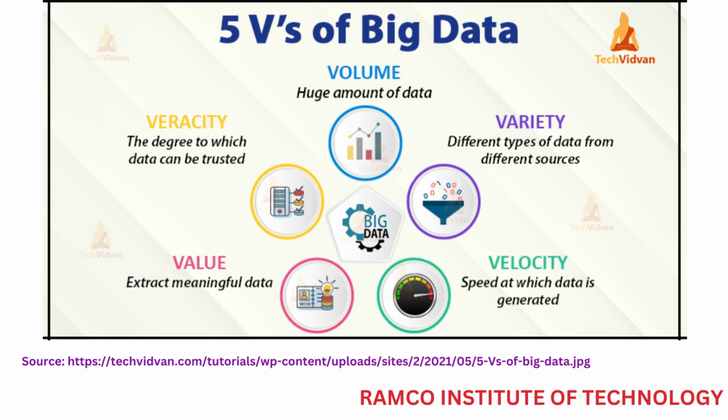Velocity is the speed at which the data gets generated. Next is the veracity, so the degree to which the data can be trusted. It indicates the data reliability and trust. That is, it verifies and validates the data. So value. It indicates the usefulness of the data.